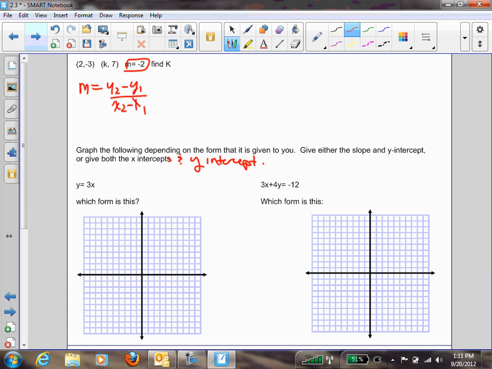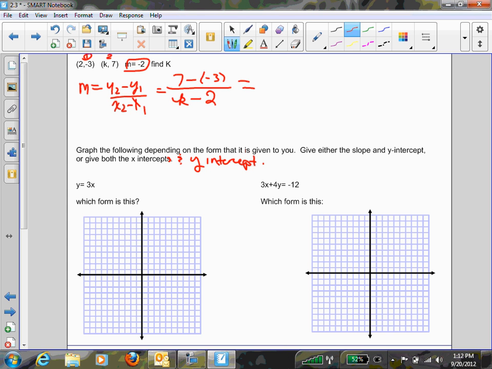Don't we have point 1 and point 2? So what would y2 be? Minus, what's y1? Over x2? Minus 2. Now what is this supposed to equal?